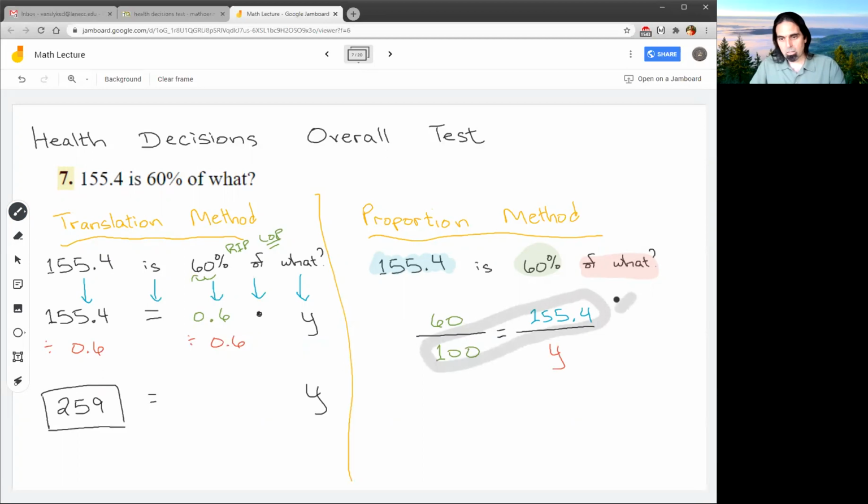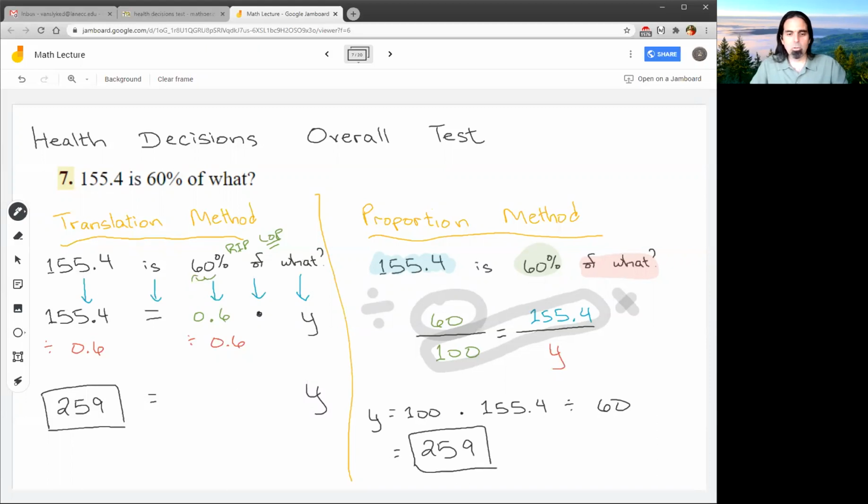I multiply things that are opposite each other, and then I divide by the one opposite the y. And I all get the same answer. Don't have to know both methods. Pick whichever method you like better.